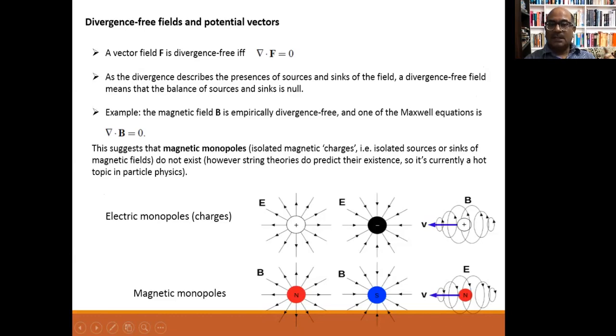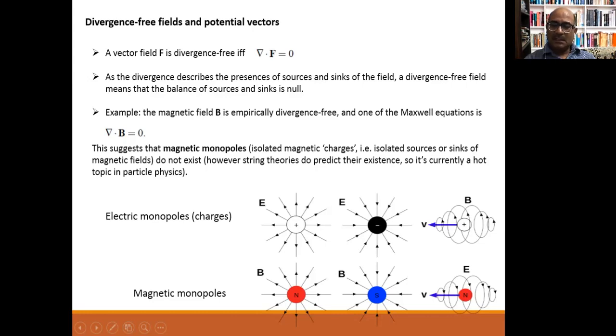It also suggests that magnetic monopoles, isolated magnetic charges, do not exist. However, string theories do predict their existence, so it is currently a point of discussion. But electric monopole charges can reside anywhere.